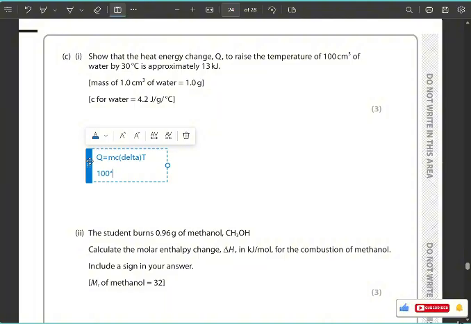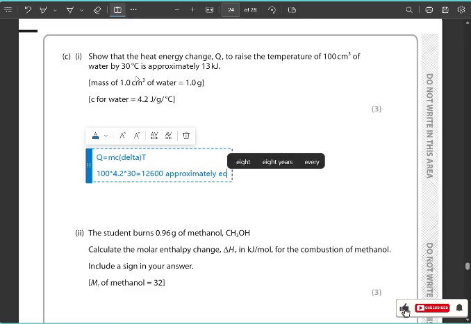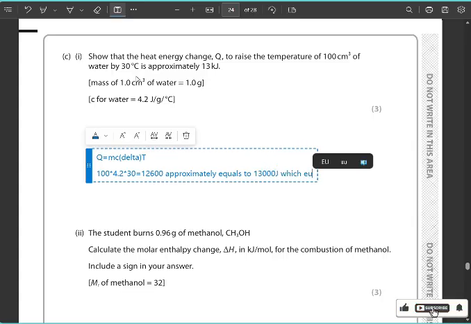Specific heat capacity for water is equal to 4.2 joule per gram per degree Celsius, and we multiply it by the temperature change. I have written that the temperature change is equal to 30, and when we calculate it, it will equal 12,600 joules, and it's approximately equal to 13 kilojoules.